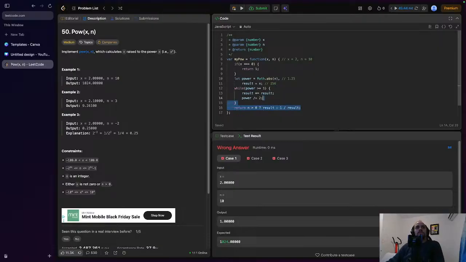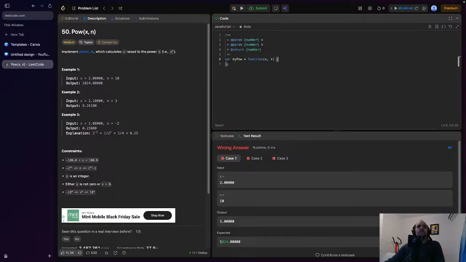So one thing we could do is just do it with recursion. We could do if n equals 0, return 1.